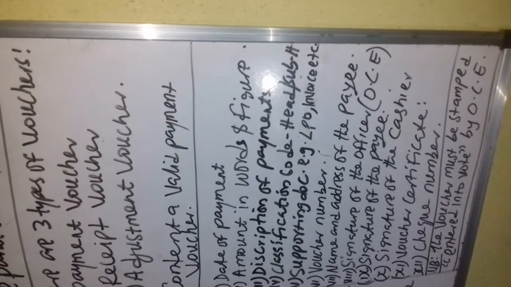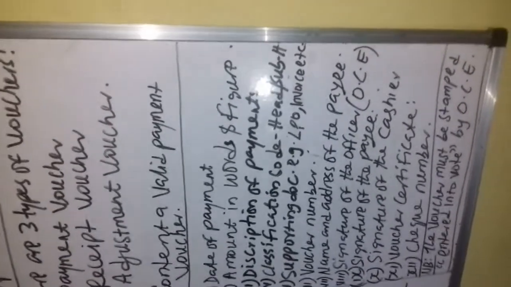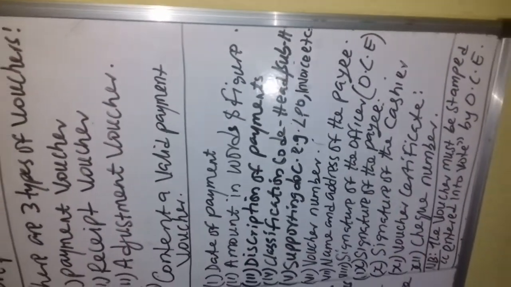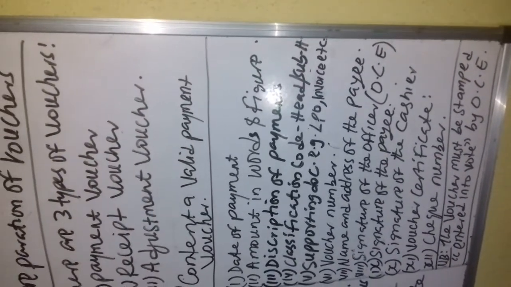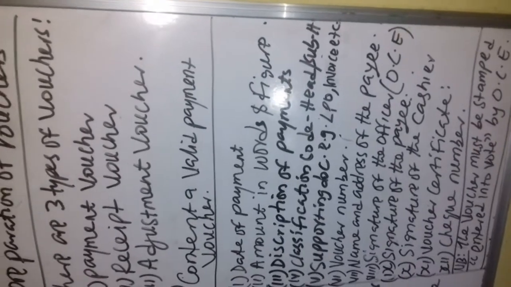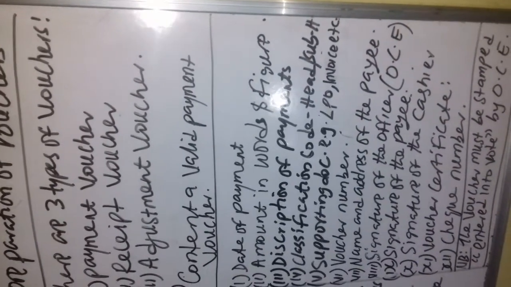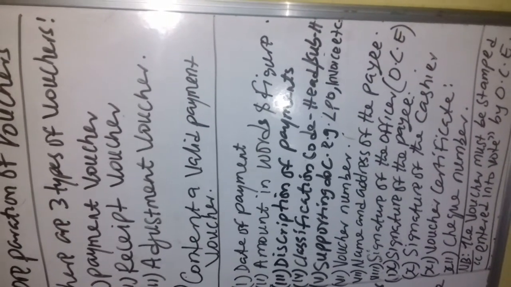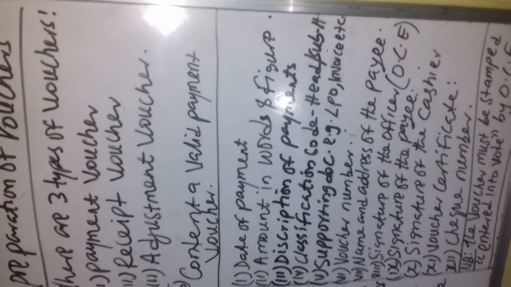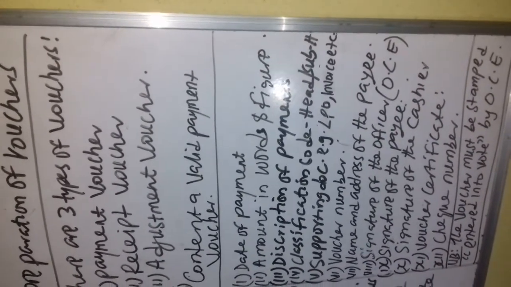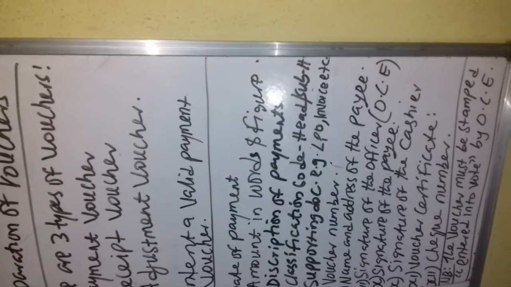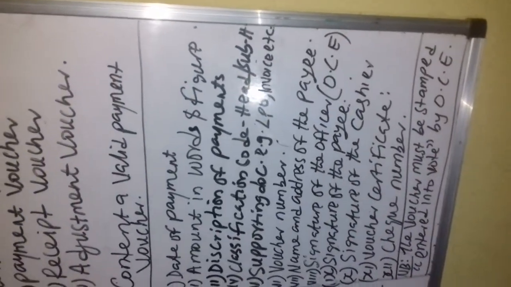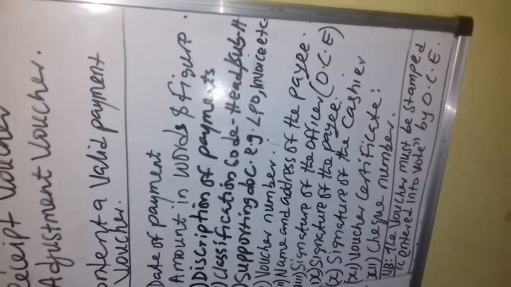The voucher number, which will be written as PV number, as may be given to us by the structure of the organization or the accounting department, name and address of the payee, signature of the officer in charge of expenditure, signature of the payee, signature of the cashier, and the voucher certificate.